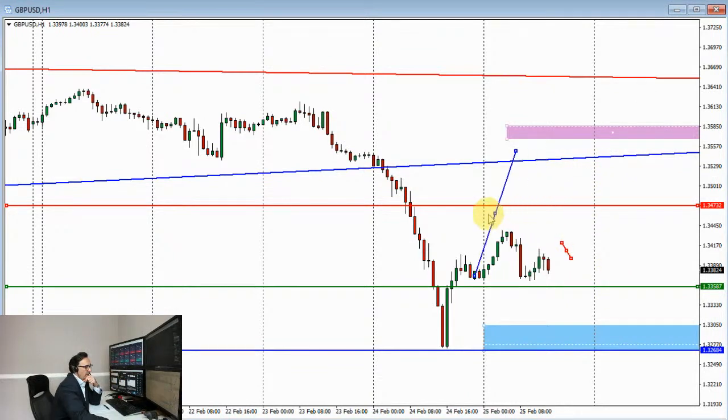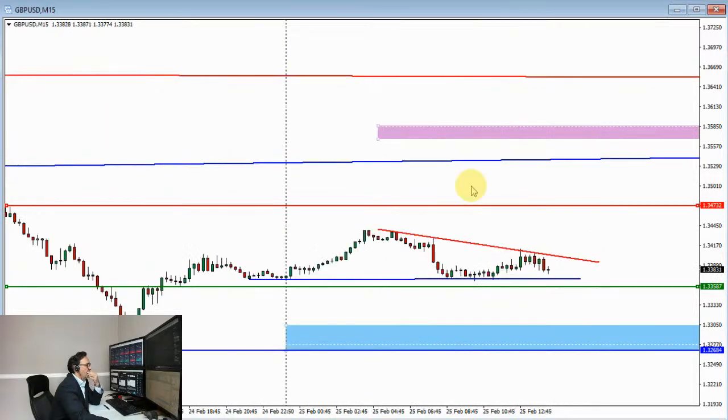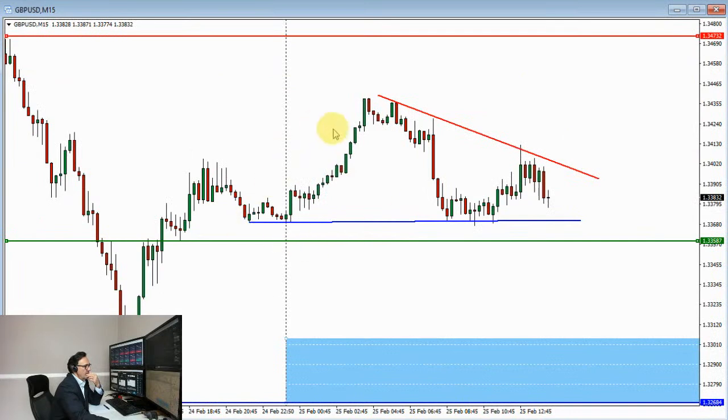But I'm paying attention to this very closely now. I'm in this trade as well, and I'll show you all of that in a few minutes. So sideways consolidation, coiling, looking for a direction going forward.